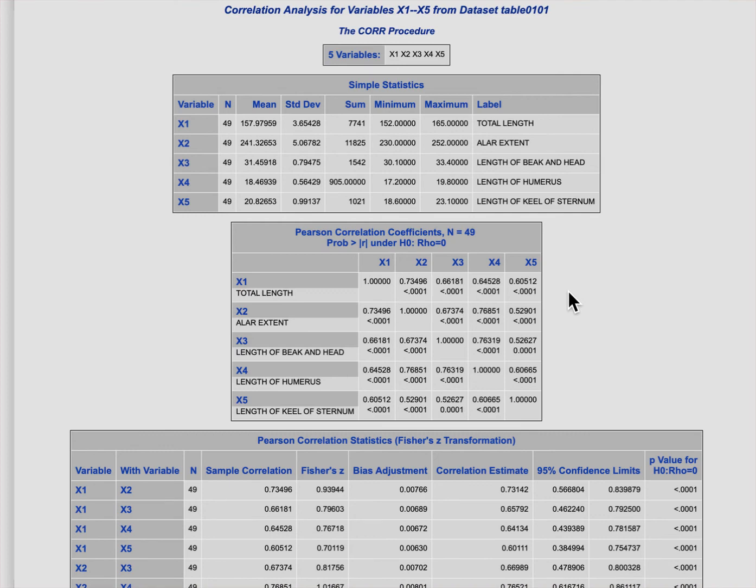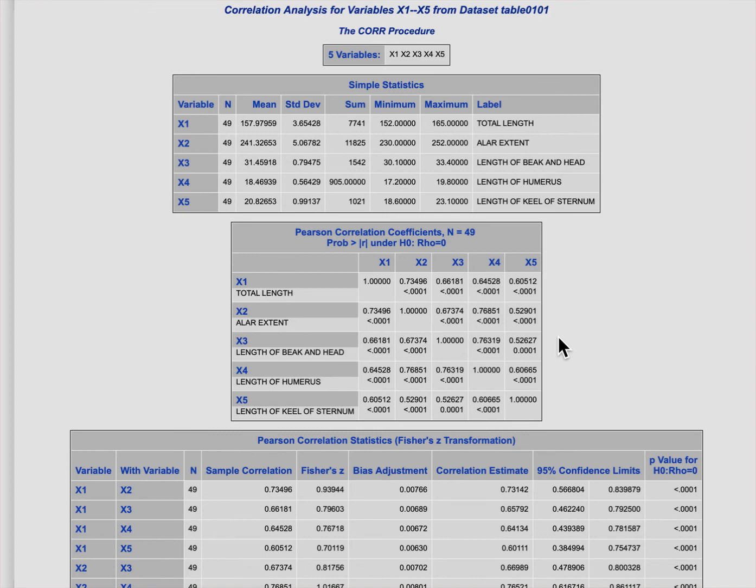Now we can, if we so choose, look at these individual tests and decide which pairs of variables are correlated. And in fact, we could now conclude, based on these p-values, that all 10 pairs of variables have non-zero correlation.